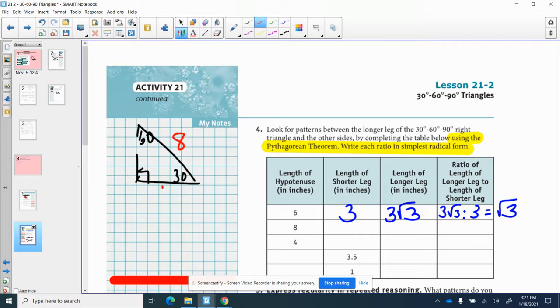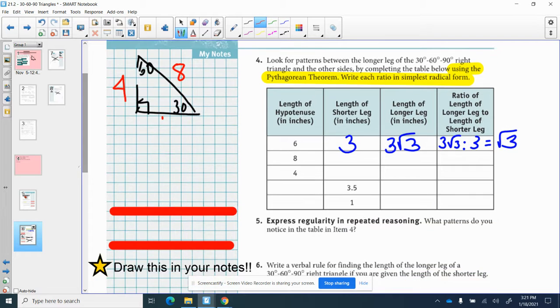So we notice this pattern each time, that the short leg, the side across from the 30, keeps being half. Then when we do Pythagorean theorem, 8 squared equals 4 squared plus b squared, we have 64 minus 16, so that's 48.